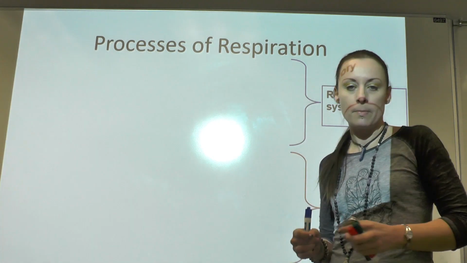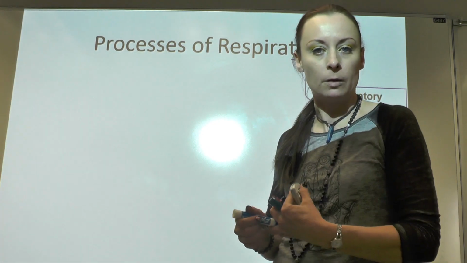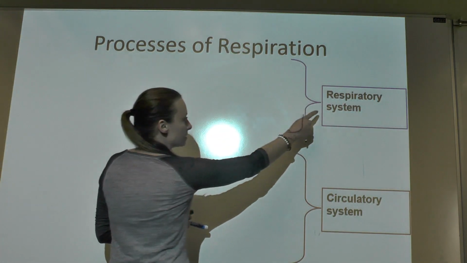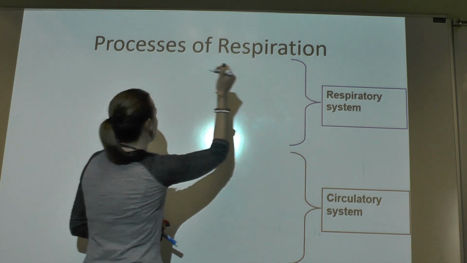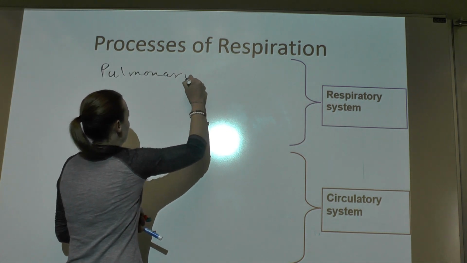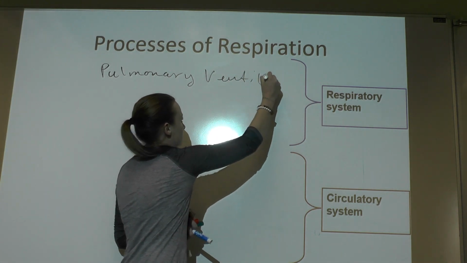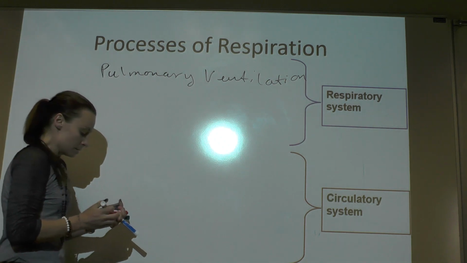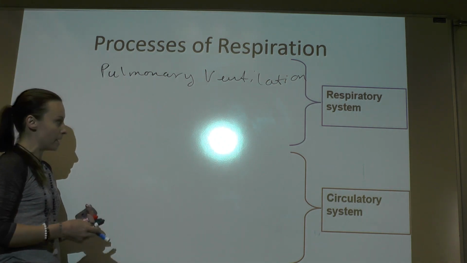That's only one part of respiration. It's the first part, called pulmonary ventilation. So our first process of respiration that's handled by the respiratory system is pulmonary ventilation. So we'll go through that in a little bit.